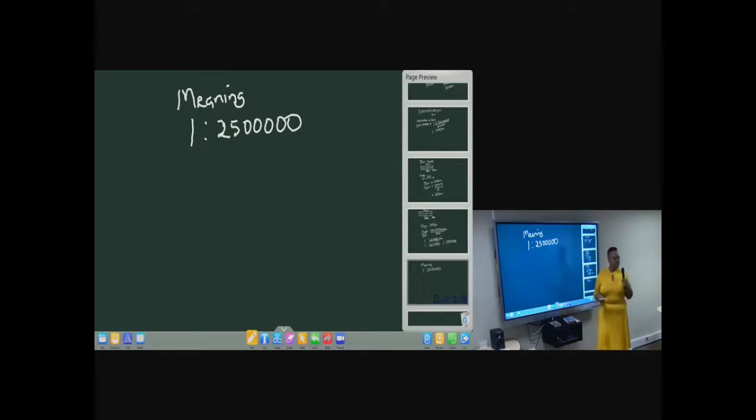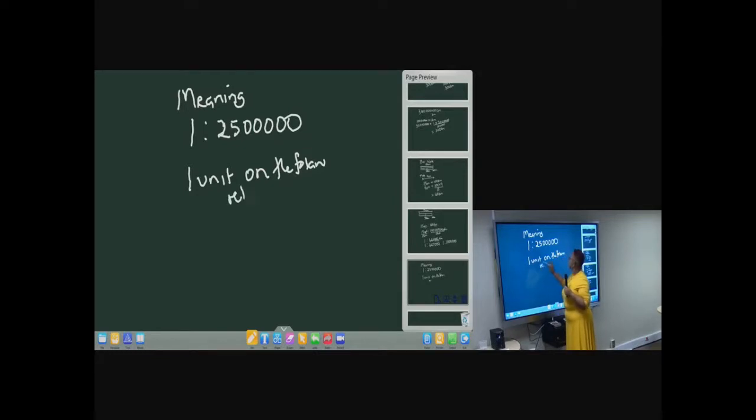But whenever you have a scale, it's saying 1 unit, let's say on a floor plan, represents 2,5 million units in reality.